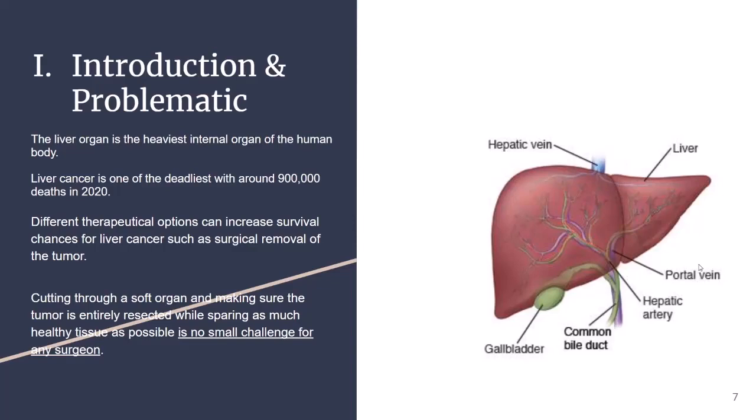During the research of this paper, we targeted the liver because it's easier to operate on, and since the liver is one of the heaviest internal organs of the human body, it can be a little bit hard to work on.